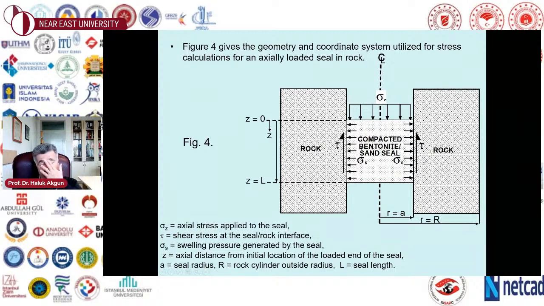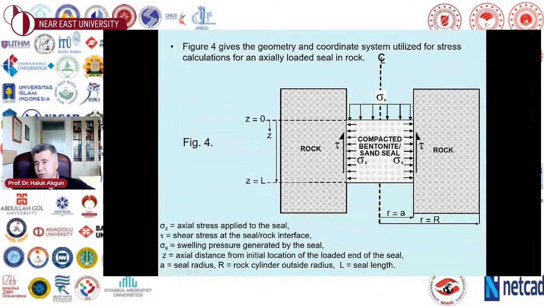Think about this as a cylindrical sample, a core, and we have a coaxial hole in it to simulate a nuclear waste repository where we have openings. We need to seal those openings for the purpose of containment. So in this kind of a geometry, we have the compacted bentonite sand seal as the sealant, as the borehole plug, and we have rock.